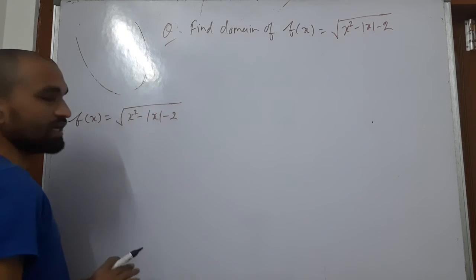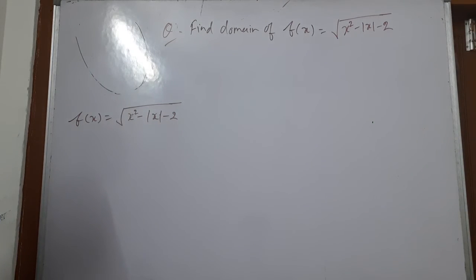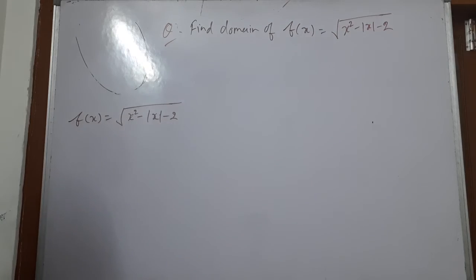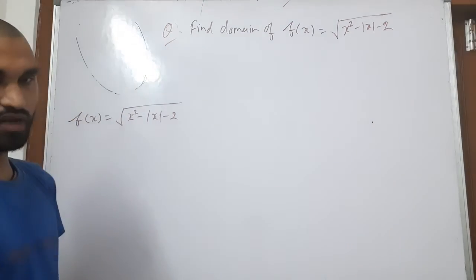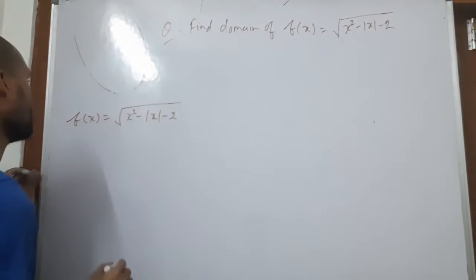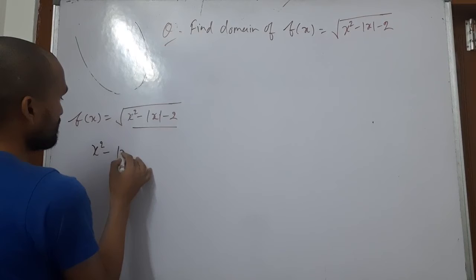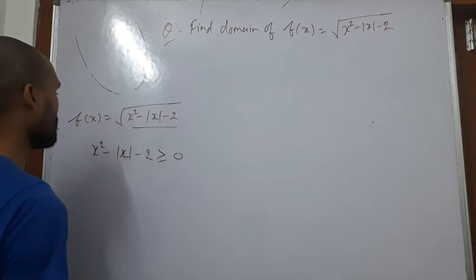We know that this type of relation is defined when the value inside the square root is greater than or equal to 0. So x square minus mod x minus 2 should be greater than or equal to 0.